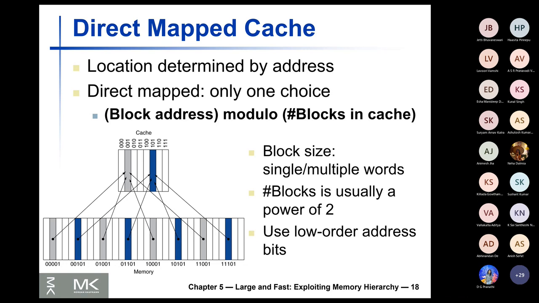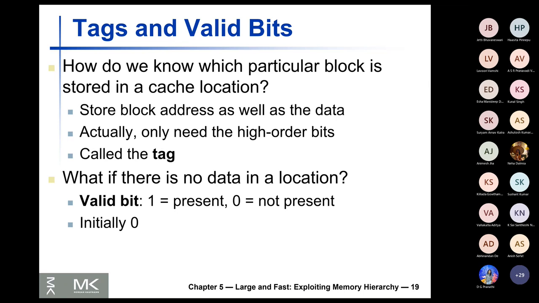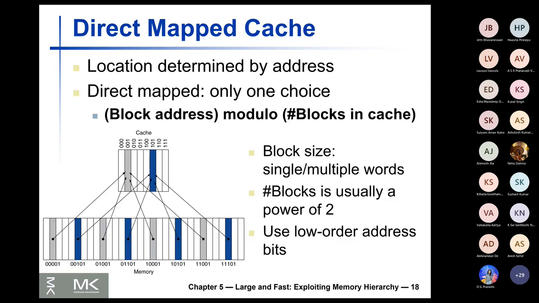If your block is multiple words and the number of blocks is usually a power of 2, the index is simply a certain number of least significant bits. That depends on how many blocks you have in your cache memory. So it is a very simple mechanism.